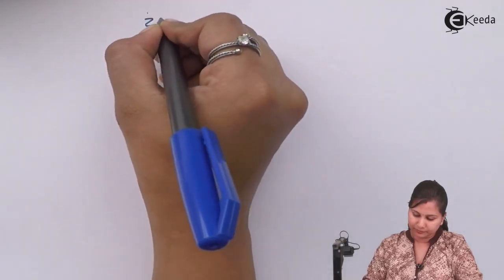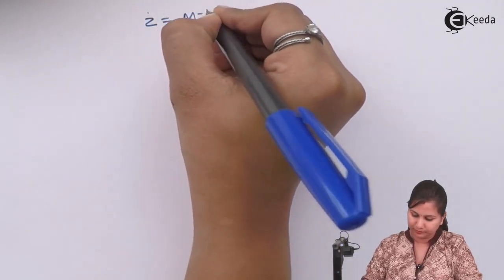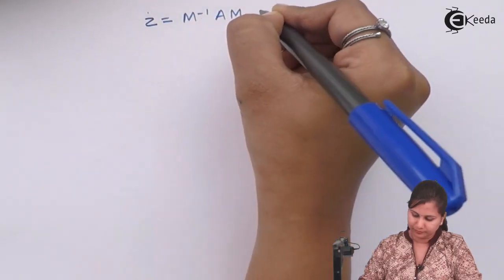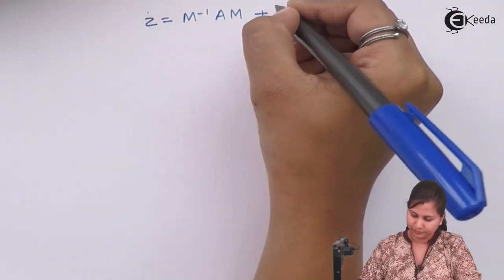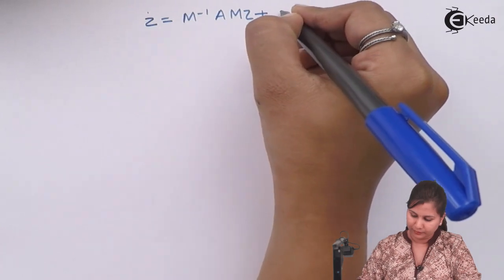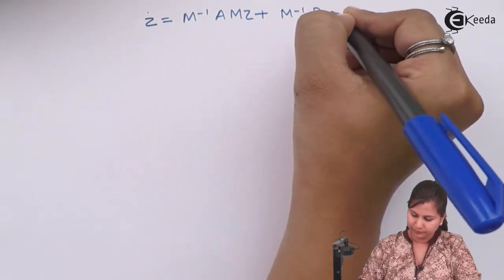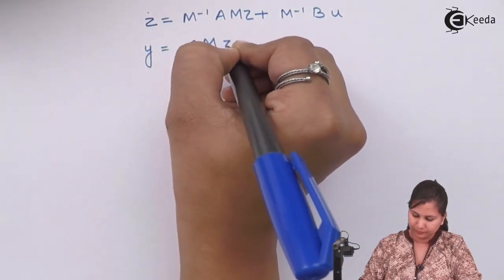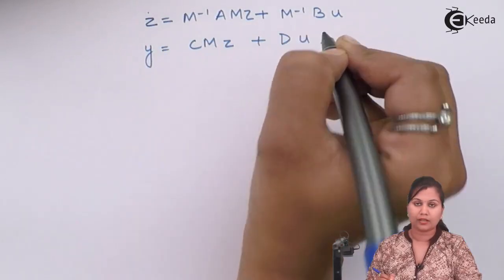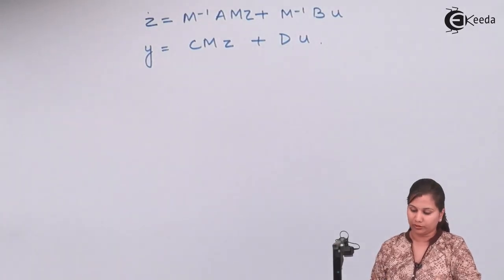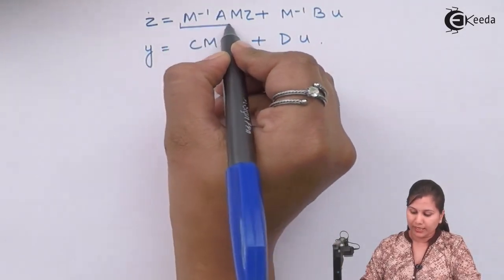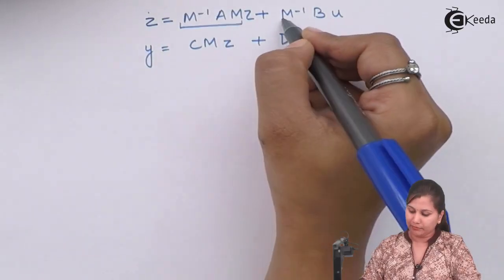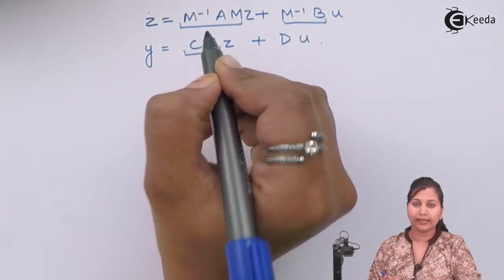So after diagonalization, the new state model will become this. So this is the new state model. So for this we have to find out M inverse AM, then M inverse B and CM.